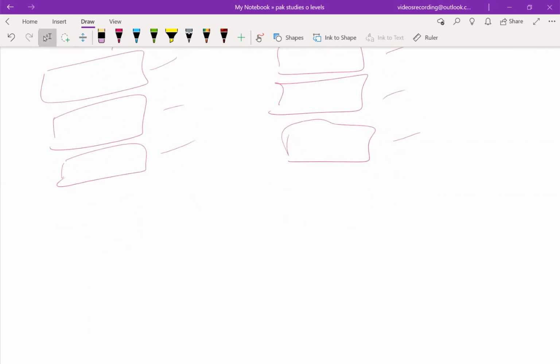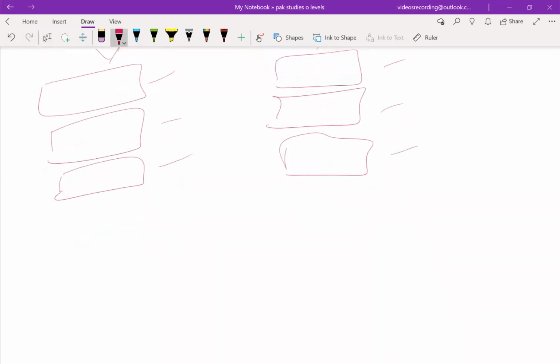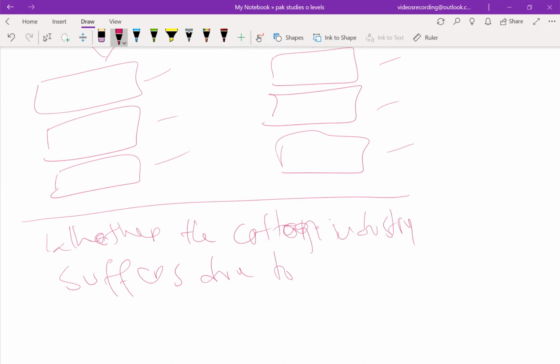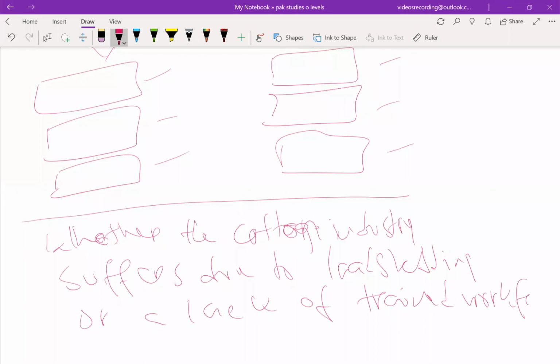But how? Okay, so now, let's say we give this generic example a question statement. It's asking whether the cotton industry suffers due to load shedding or a lack of trained workforce.